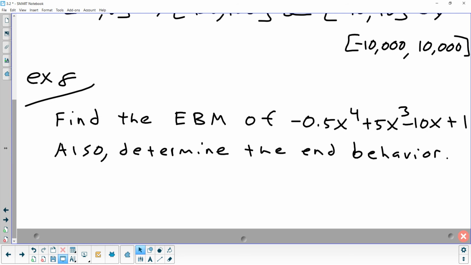Okay, and number 8, find the end behavior model of that. And the end behavior itself. So what's the EBM for example 8? Yeah. So that's the end behavior. What's the actual model?